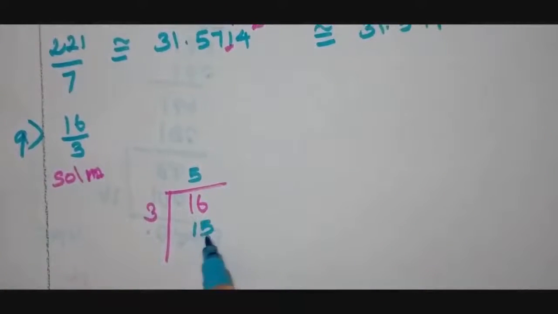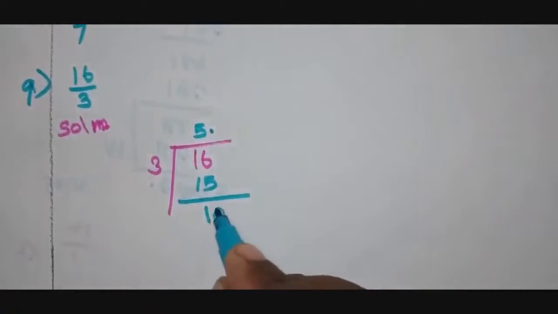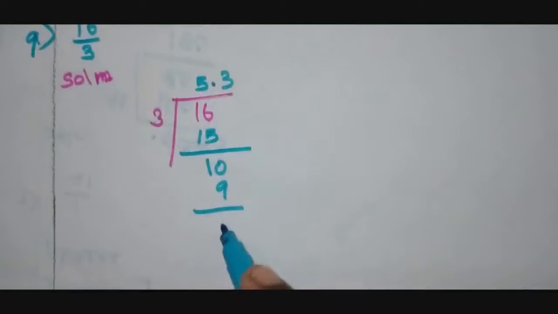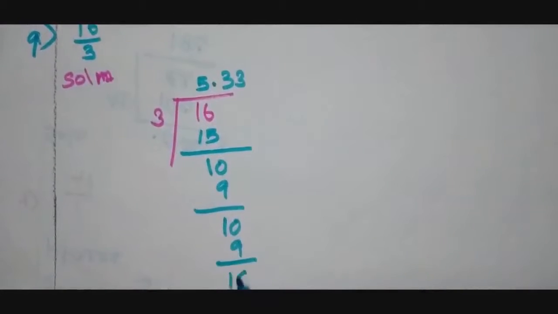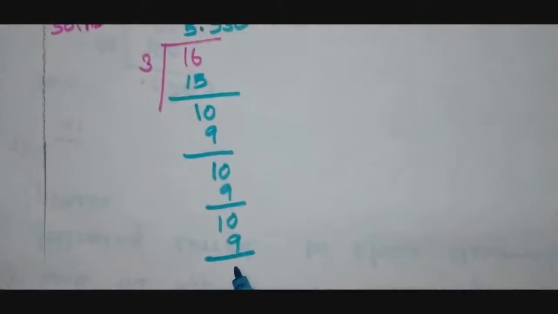What's the value of 16 minus 15? 1. So 1 is not divisible by 3 tables. Keep one decimal point here and you can add 1 0. 3 3s are 9. 10 minus 9 is 1. Add 1 0. Again 3 3s are 9. Remaining 1. Add 1 0. 3 3s are 9. Remaining 1. It keeps on going. We can stop at 4 decimal points.